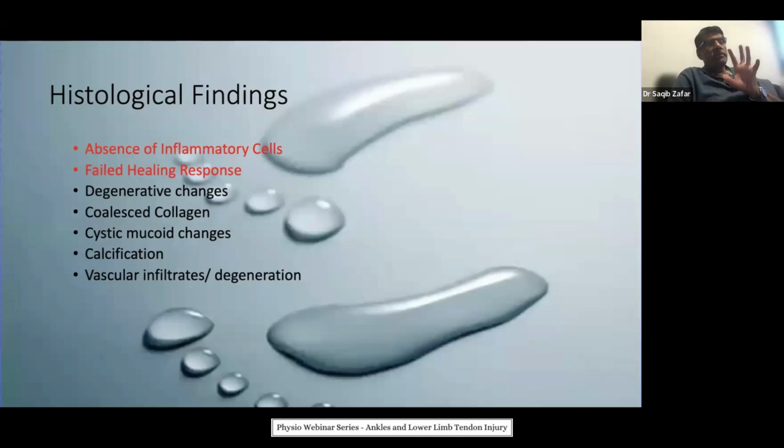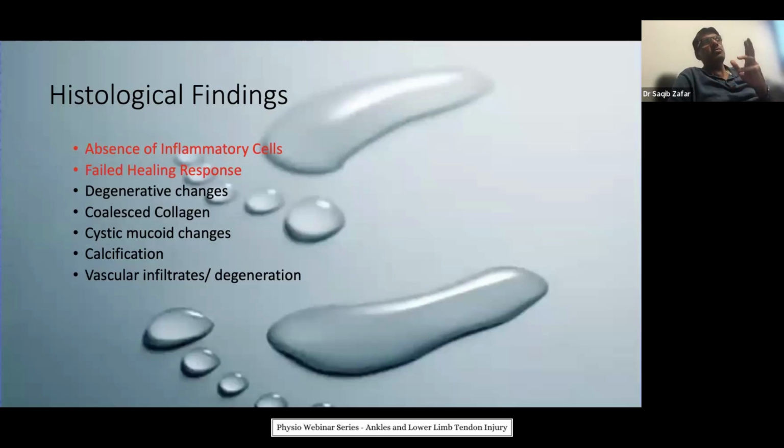So overall, it's not like an inflamed joint or an inflamed tissue, which will show acute inflammatory cells. And inflammation is actually an early part of the healing response. In the cases of tendinopathy and plantar fasciitis, one characteristic feature was that the inflammation was not as marked as one would have expected with the pain and the symptoms.